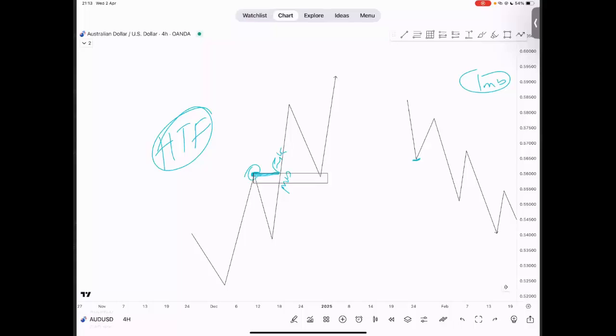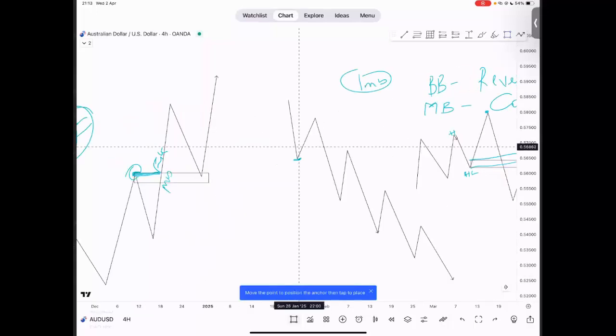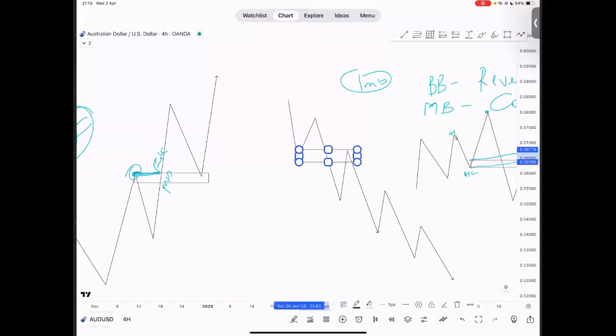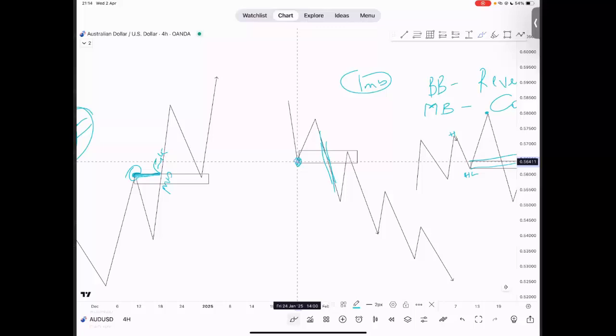And secondly, what would make you say that this is a mitigation block is the fact that it breaks a previous higher high, or it breaks through a previous lower low with an FVG or an imbalance. It must be an impulsive move that takes out the previous low, or an impulsive move that takes out the previous high.